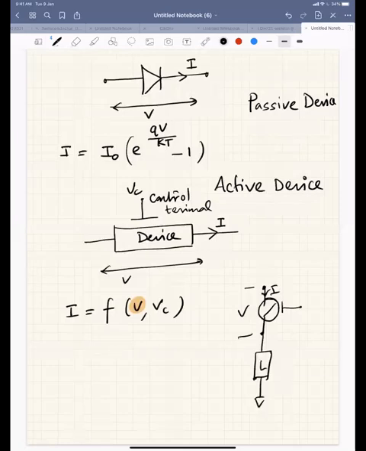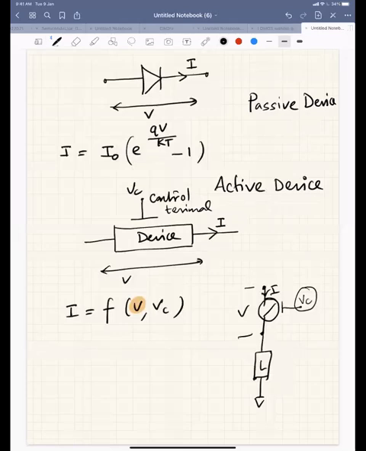By applying some control voltage, I could turn the switch on, and the current will go to the load. If I remove the control voltage, the switch will be off, and no current goes to the load.